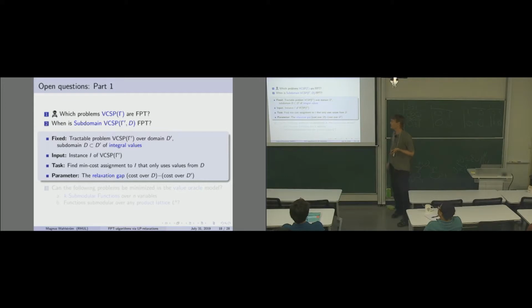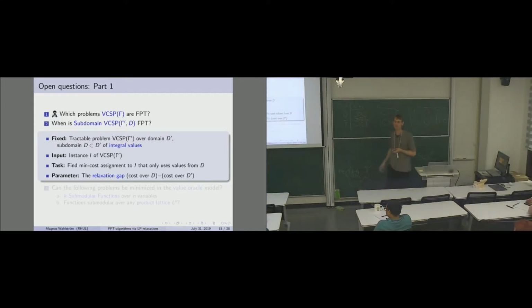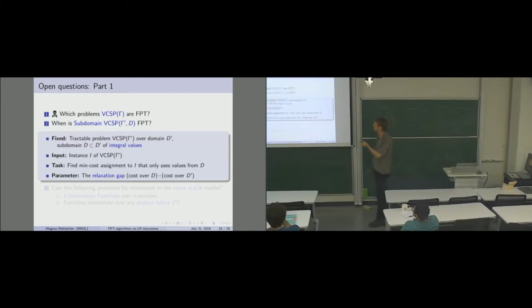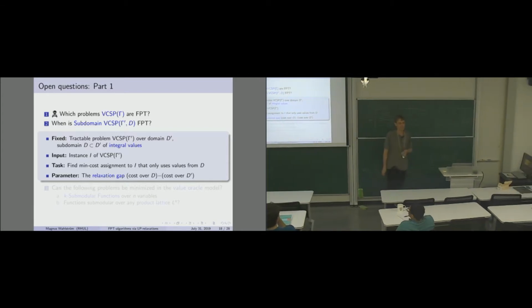An easier variant: assume that you start from the relaxation and you ask for which subdomains of the domain of the relaxation do I get an NP-hard problem which is FPT. So basically saying your input is a tractable CSP over a large domain D prime, and you're also told which values of D prime are the ones you care about.